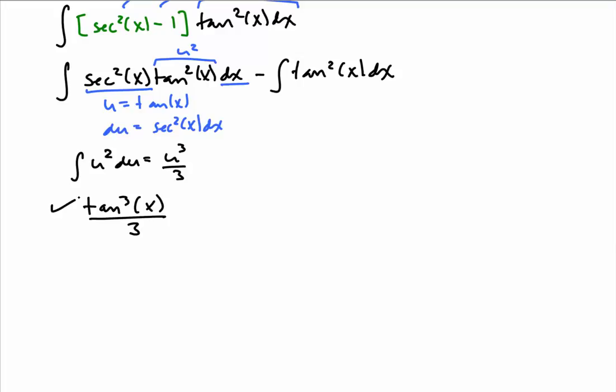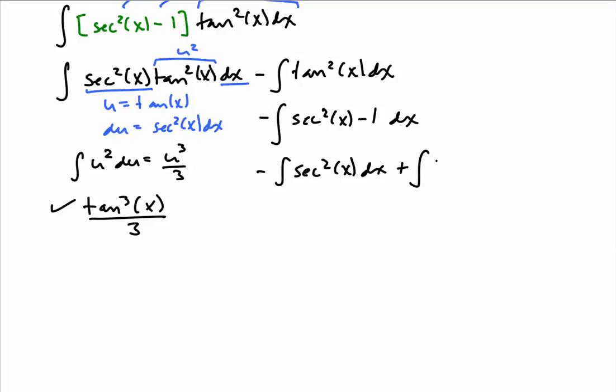Now what about this tangent squared? I don't know the integral of tangent squared because I don't have an antiderivative here, but I can rewrite this again. So I could look at this as, remember we just rewrote this earlier, secant squared of x minus 1 dx. And I'll split this up into two different integrals. Now be careful with this negative.